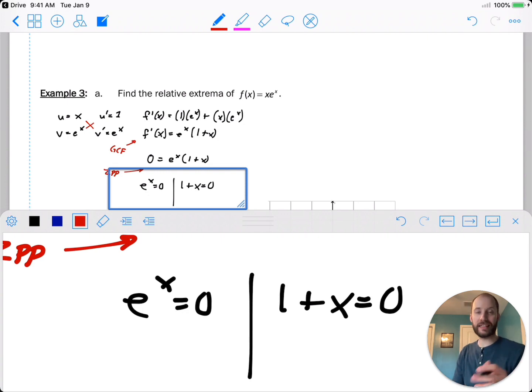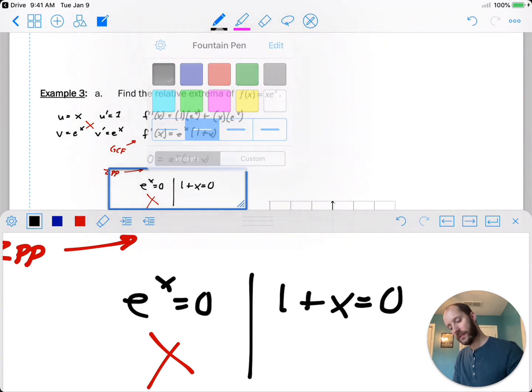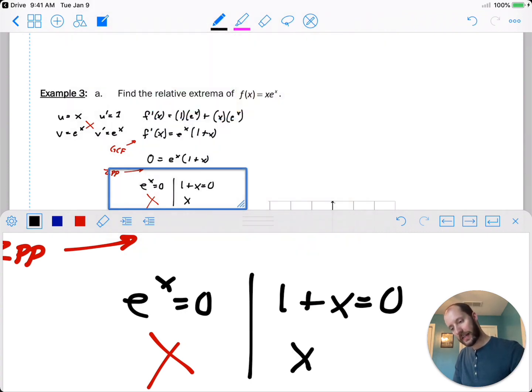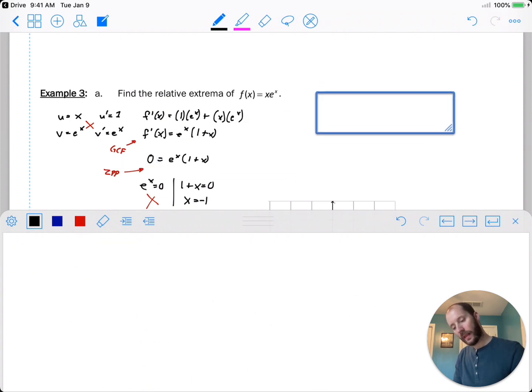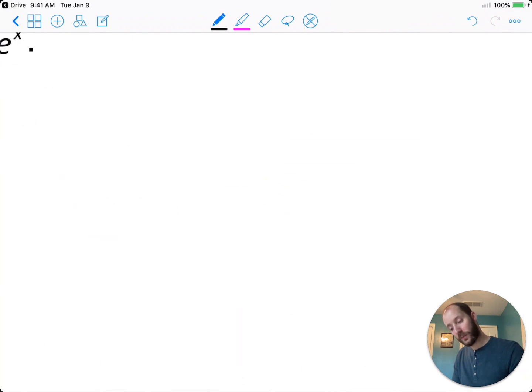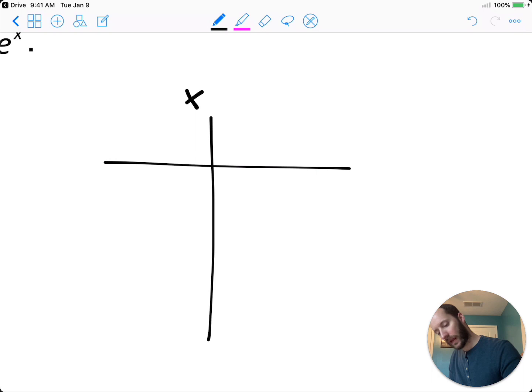Now e to the x can't equal 0, so that kind of goes away as a possibility. And right here, x equals negative 1. And to kind of confirm, I assume negative 1 is a relative extrema. It's the only one that came up on the problem, but let's check it just to be sure.